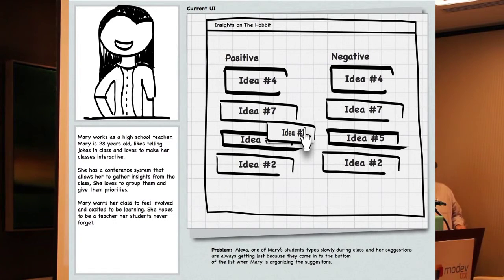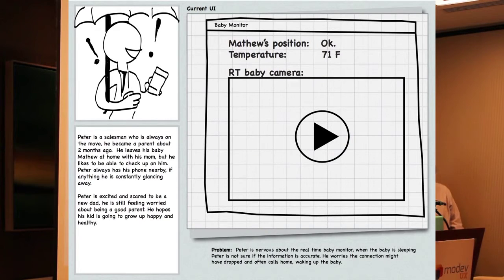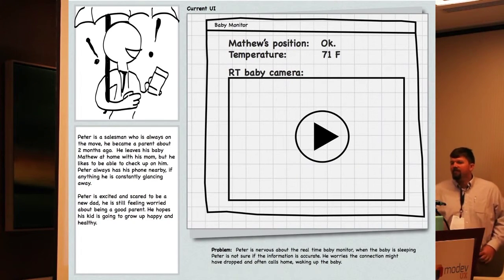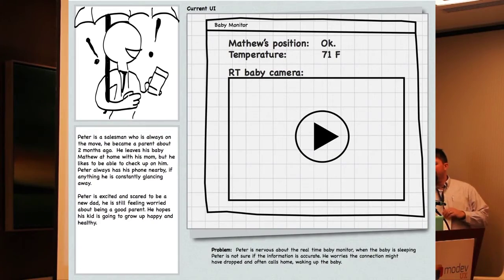The second one is an education application, and what she's working on is having her students collaborate, and what we want to do is make sure that lists aren't disorganized when new stuff comes in. And the last application is a baby monitor, and we have an overprotective parent who is worried that their connection is coming in and out and doesn't know if it's really working or not. So these are our design challenges, and I would really love to see what you guys come up with.